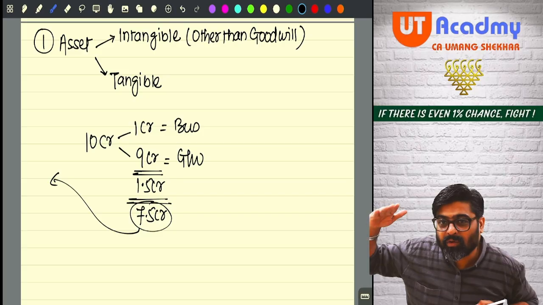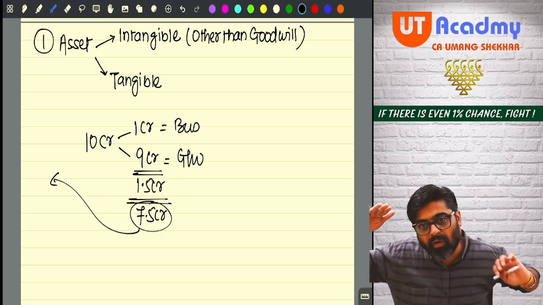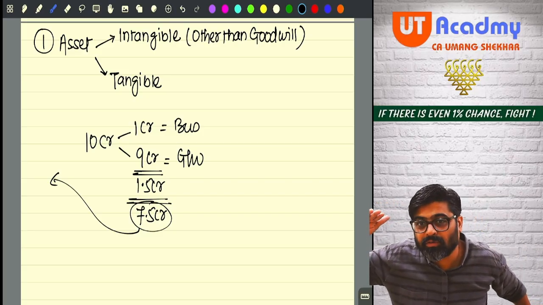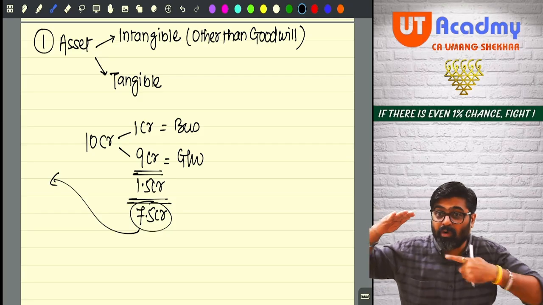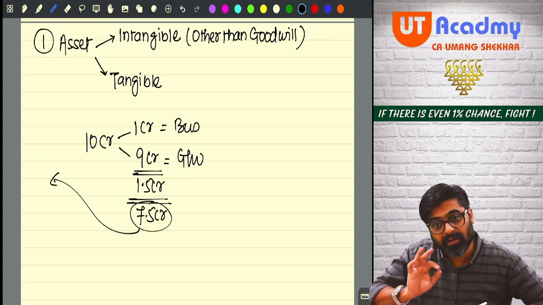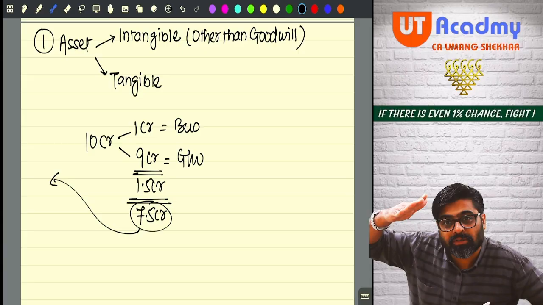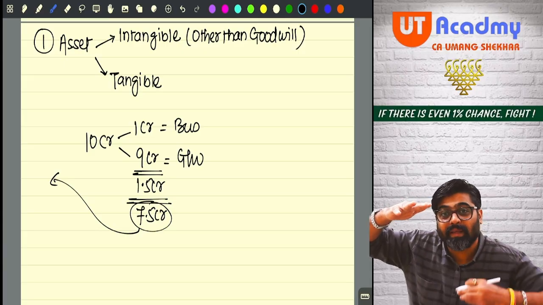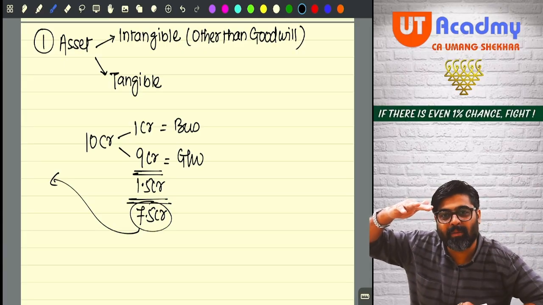But don't you think that out of this 9 CR, 7.5 I have already received and nobody knows? But in my books, I will always show 9 CR. The amount which is already returned back to me is also shown as cost in that 9. Getting my point?